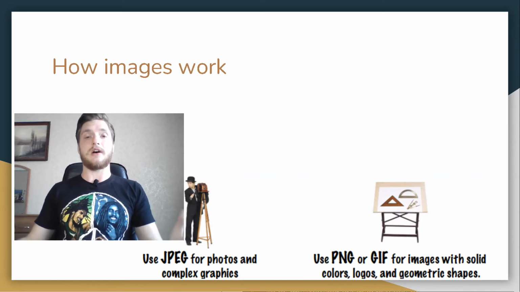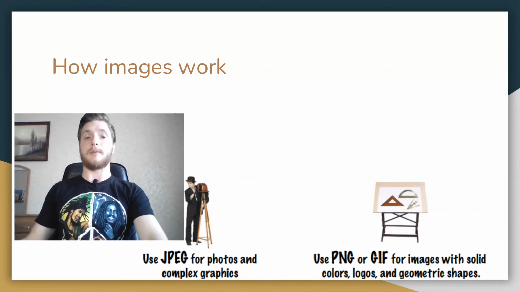PNG compresses the file to reduce its size but doesn't throw anything away, so it is a lossless format. It allows colors to be set to transparent so that anything underneath the image will show through. Files tend to be larger than their JPEG equivalents, but can be smaller or larger than GIF depending on the number of colors used.